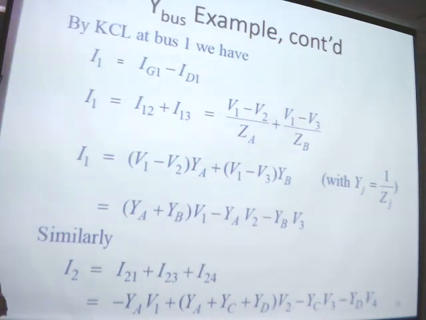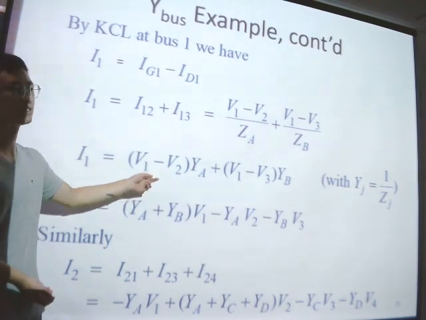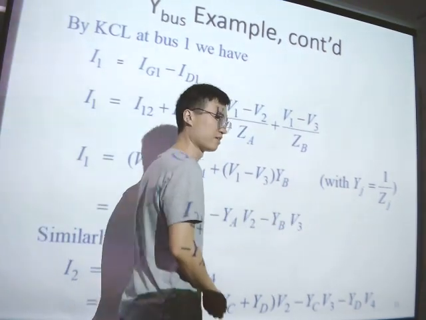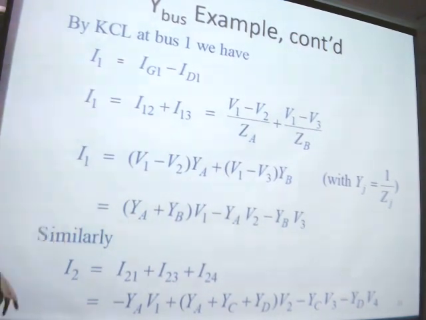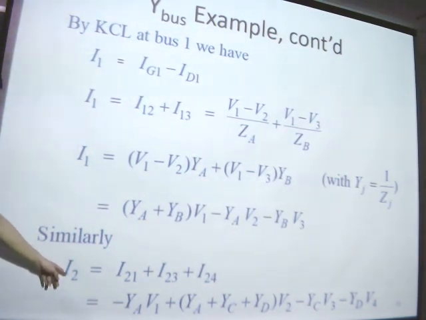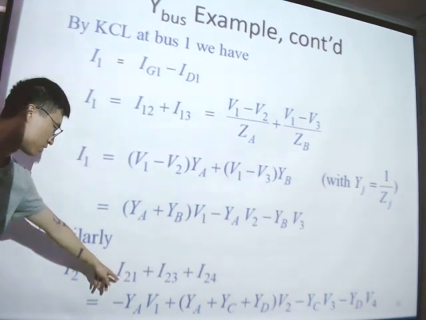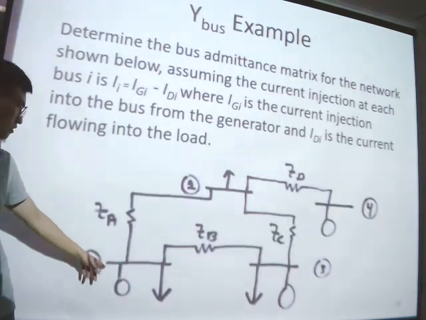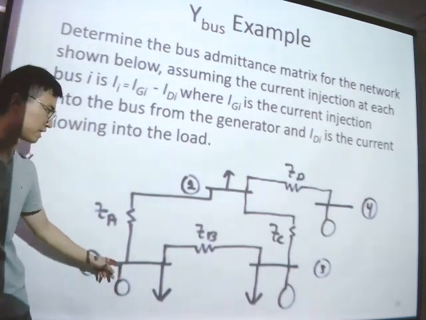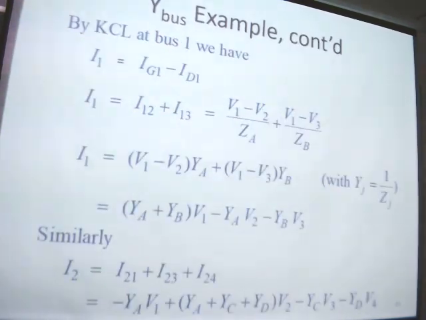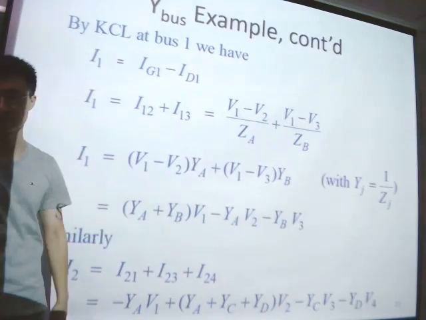And we have to put the same parameters together, okay? So here is the expression of I1. Similarly, I2 is equal to I21, I23, and I24, right? You can see bus 1 here is the generator, so it is sending out the current. That's why here is I12 and I13.